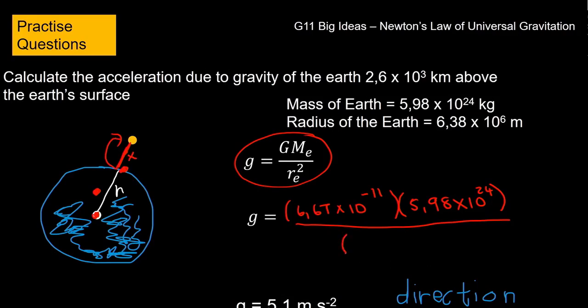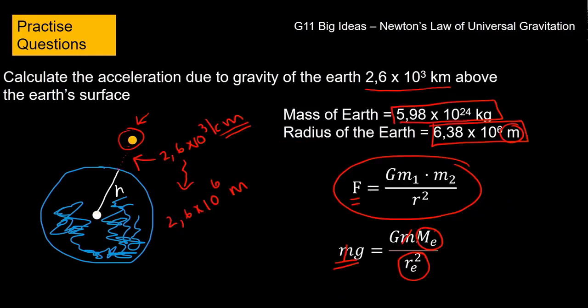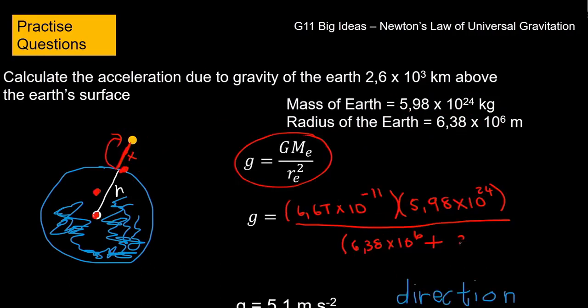So we're going to add that in, and we get the radius, which is 6,38 times 10 to the 6, plus, let's go back and see that value that we calculated. So 2,6 times 10 to the 6, and then what must we do? We need to square it. Square that whole value. So we add those two together and then we square it.